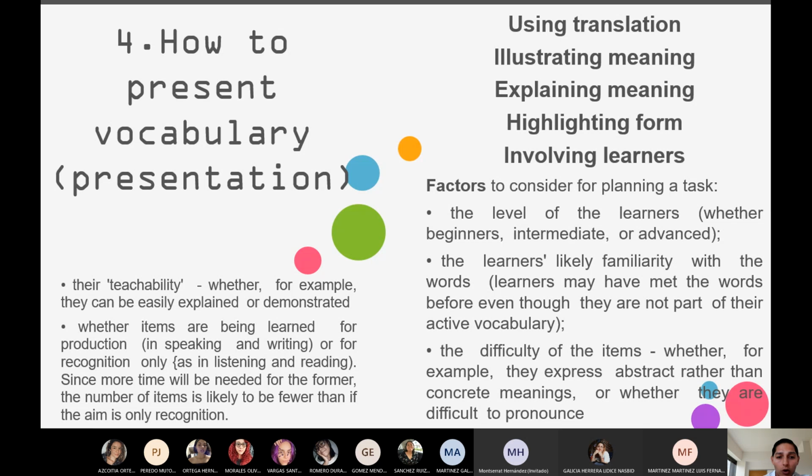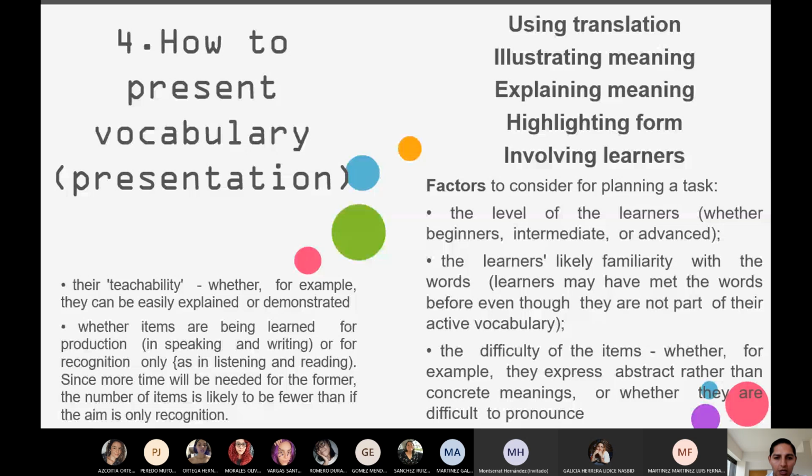And if the words are being learned for production in speaking and writing, or for recognition only for listening and reading, productive or receptive skills, since more time will be needed for productive skills, the number of words needs to be fewer than if the aim is only for recognition.